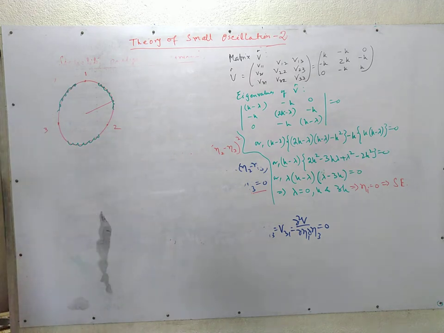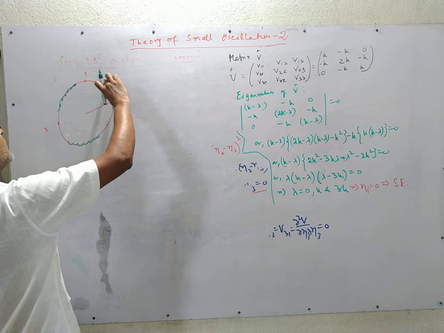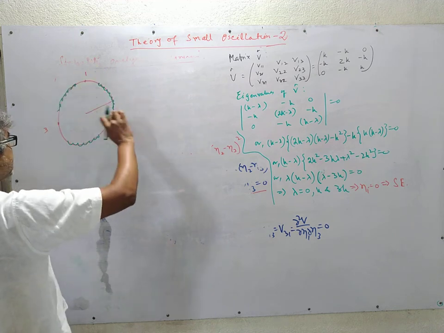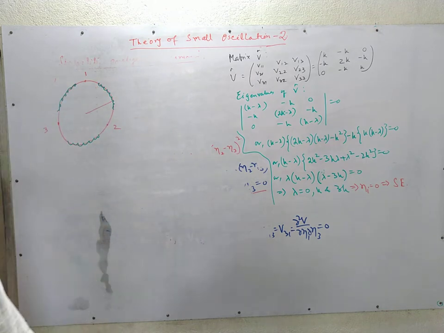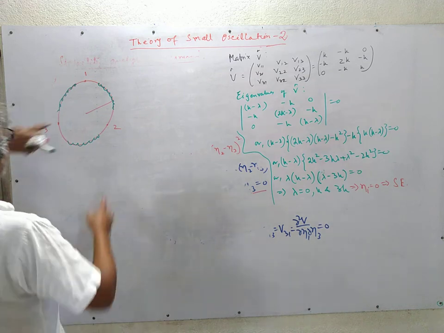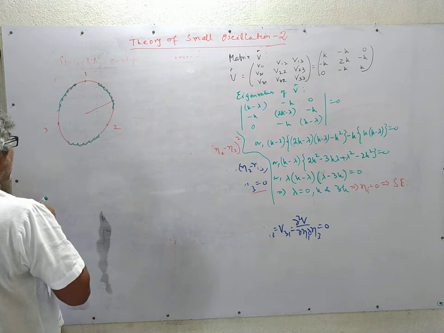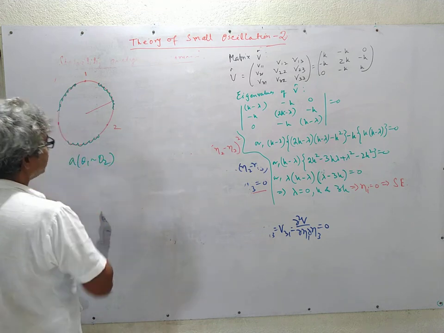And we are to consider the vibrational aspect of this system. If we denote theta 1, theta 2, theta 3 as the generalized coordinates, which represent the angular displacement of the particles from their respective equilibrium positions, then the elongation or compression of this spring is determined by A times theta 1 minus theta 2.